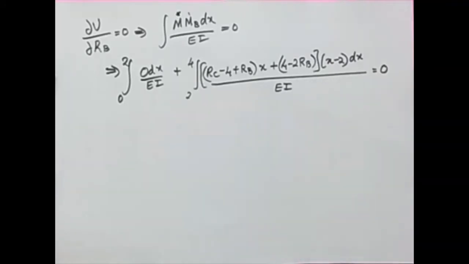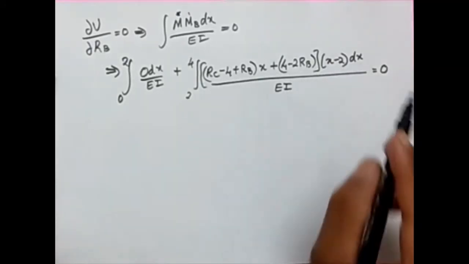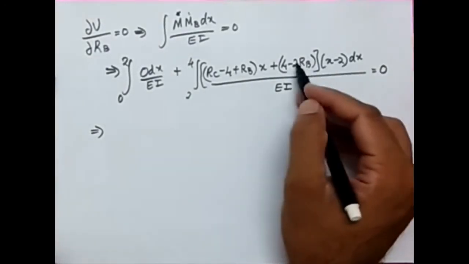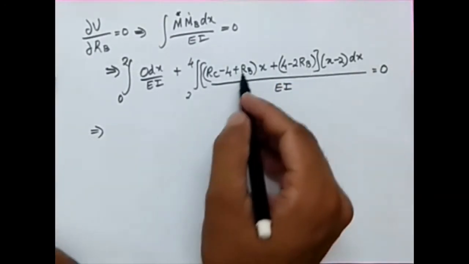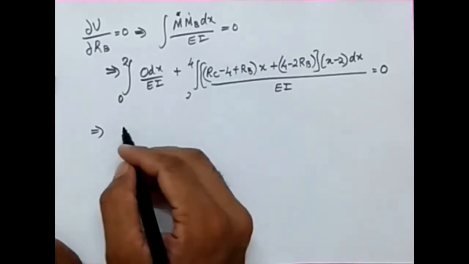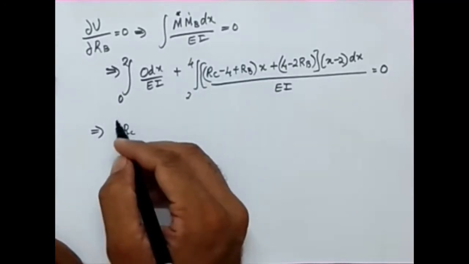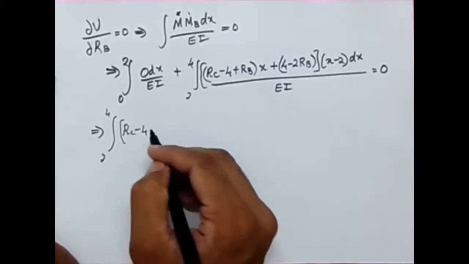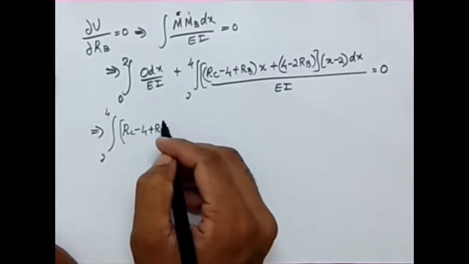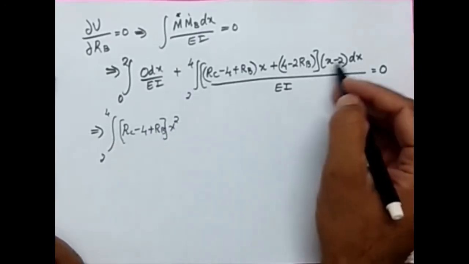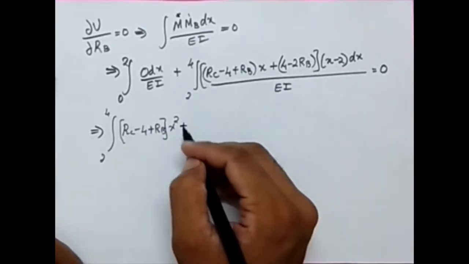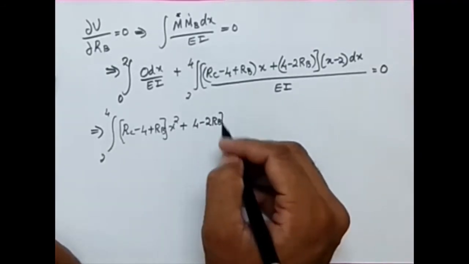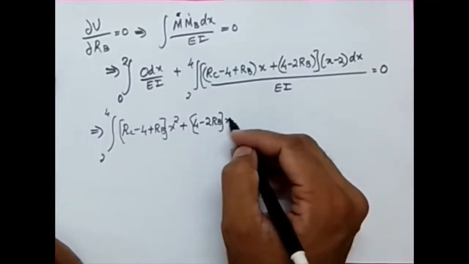Now I need to expand it. So I'm going to multiply it with x minus 2. This term I'm going to multiply with x minus 2. What I'm going to get is this becomes x square. So integral 2 to 4, rc minus 4 plus rb x square, x times x, x square, plus 4 minus 2 rb times x.